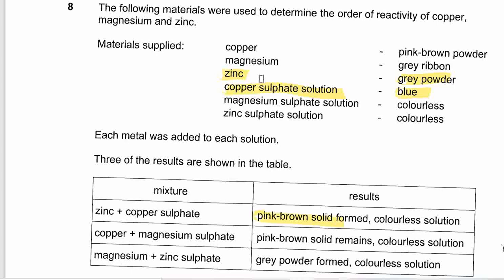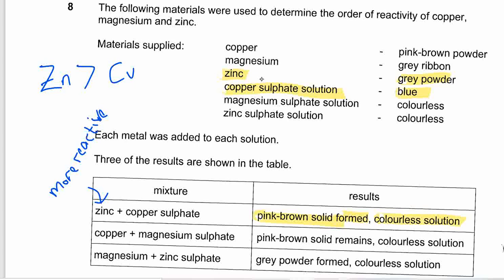We can observe the change in the solid form, and the blue color from copper sulfate changes into colorless solution. So there is a reaction. It means zinc is more reactive than copper. Zinc displaces copper. So we write zinc is more reactive than copper.